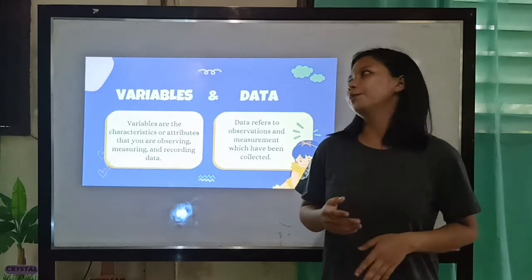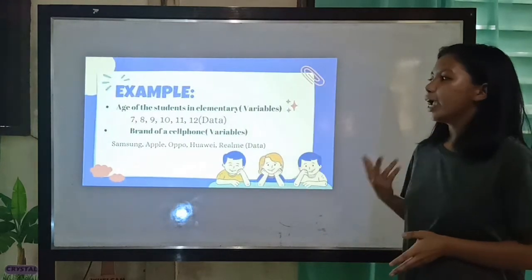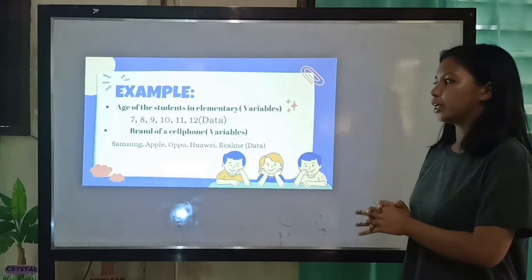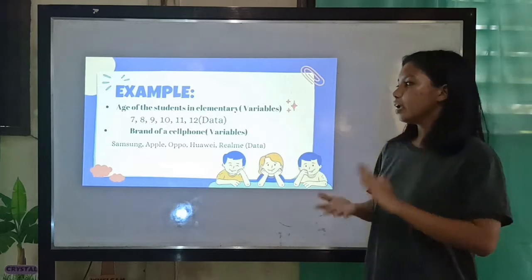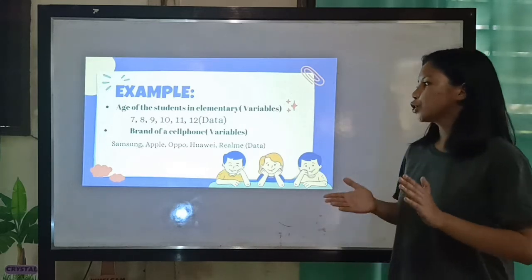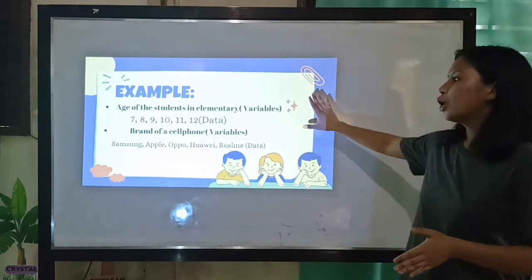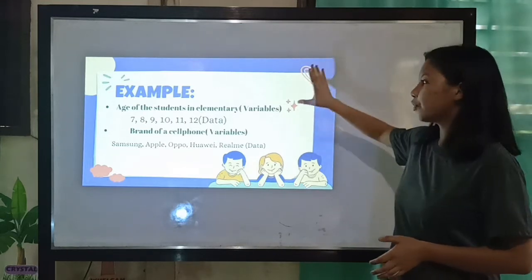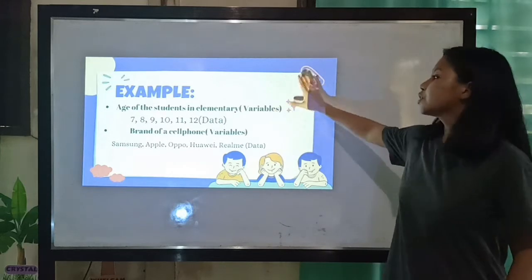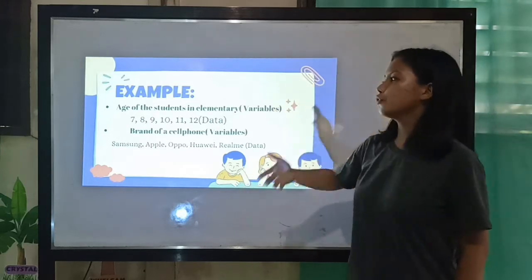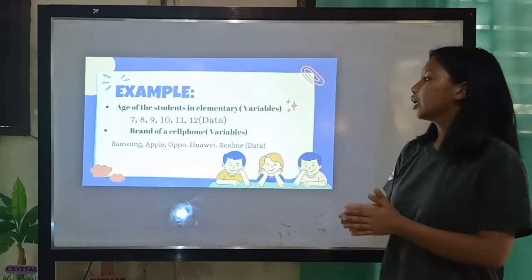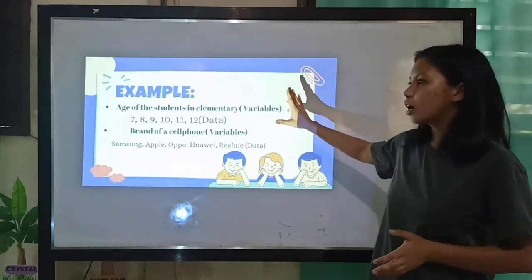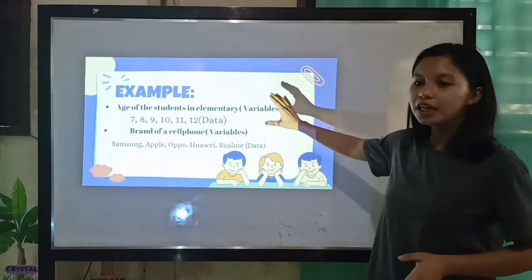For example, age of the students in elementary. So we can have 7, 8, 9, 10, 11, 12. In the first example, we can identify where is the variable and where is the data. So the variable in here is the age of the students in elementary because this is the memory location.